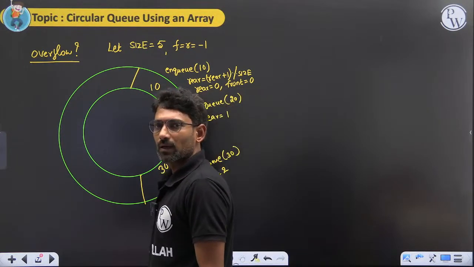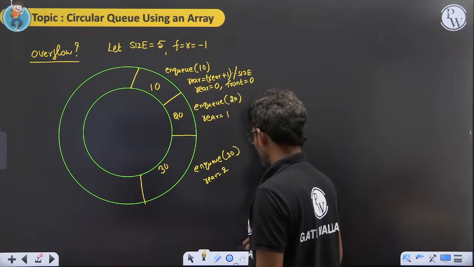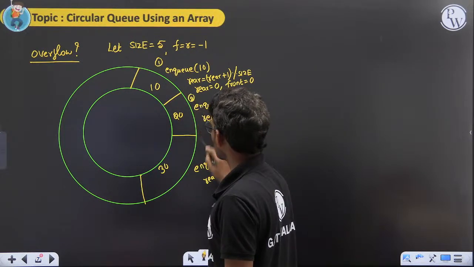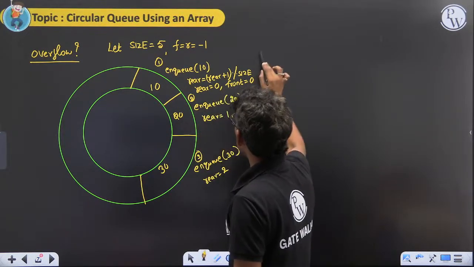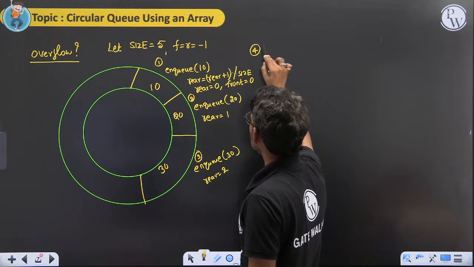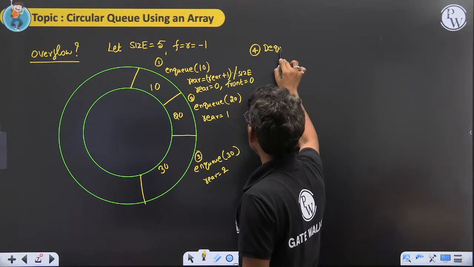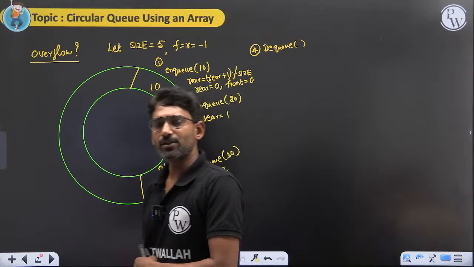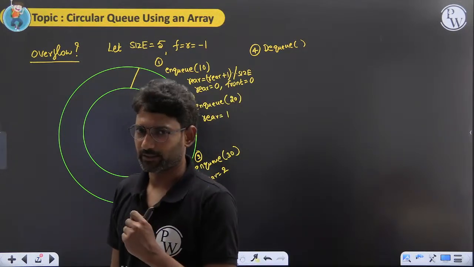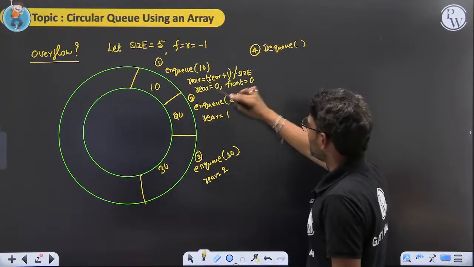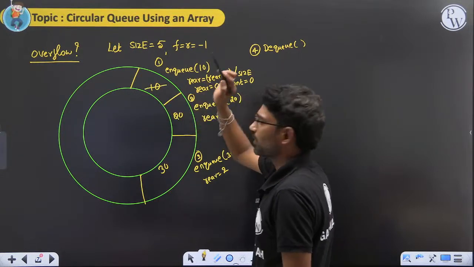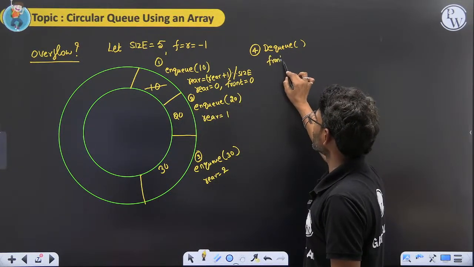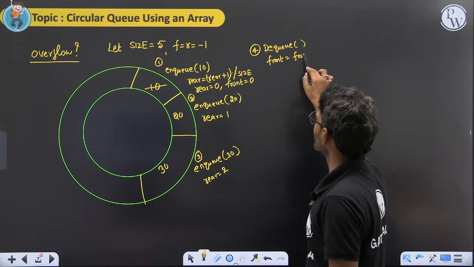Now let us suppose I dequeue. Deletion happens from the front end. So we delete what is at front, and then front also we modulo increment.